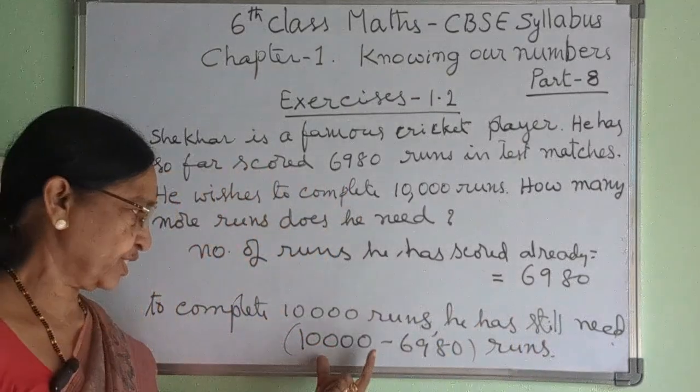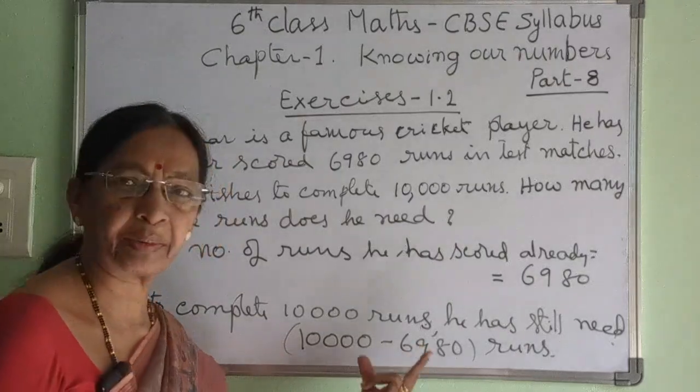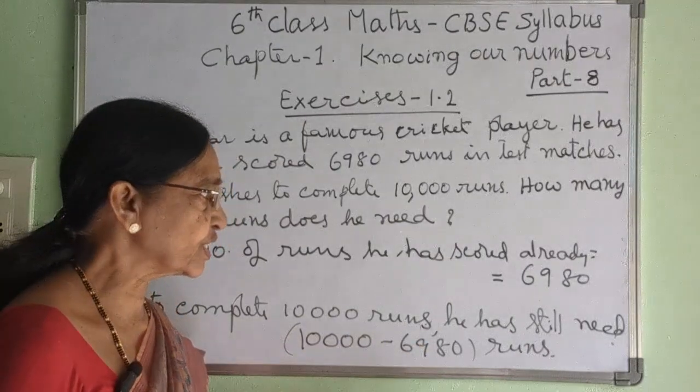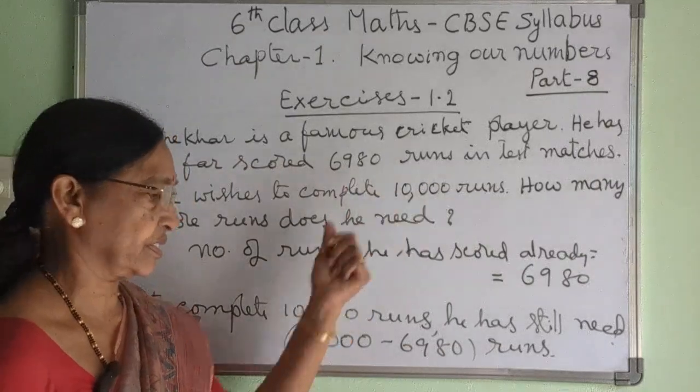So the difference between 10,000 and 6,980 is the number of runs he needs to score to complete 10,000 runs.